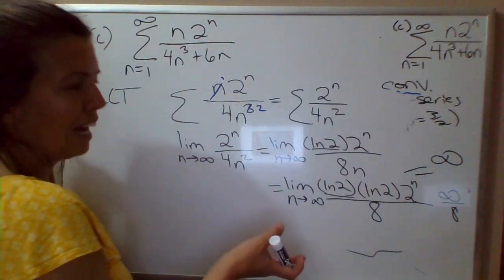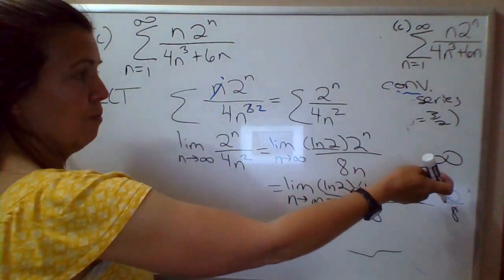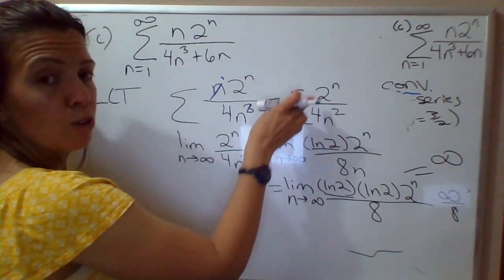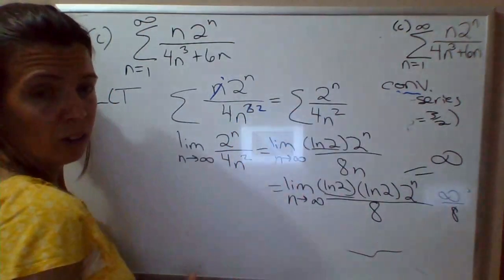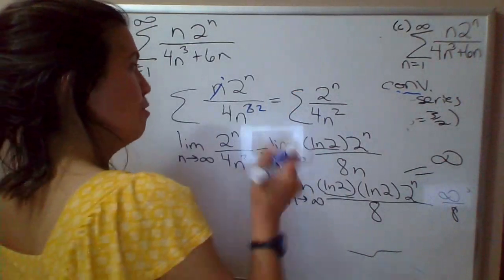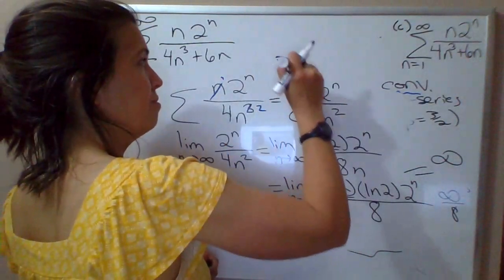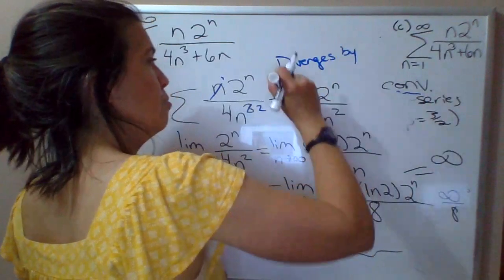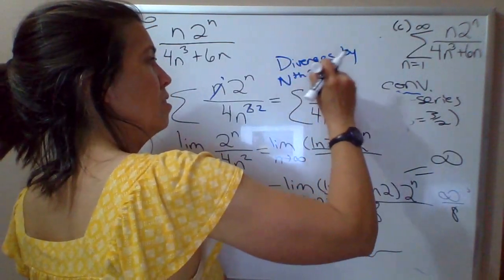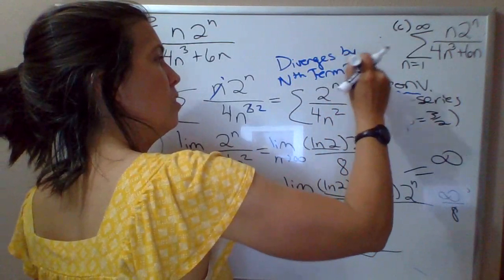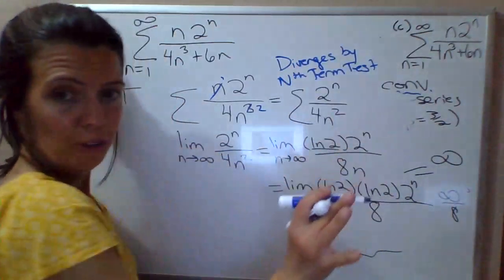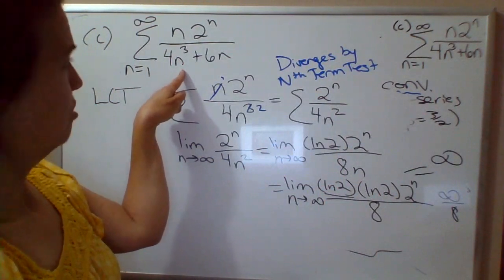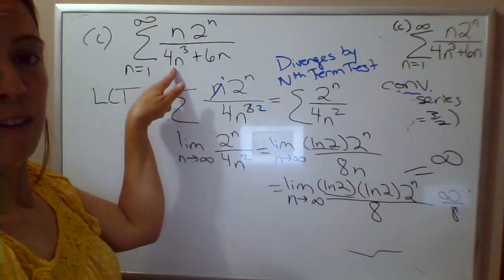What's important about that is it's not approaching 0. That's what I was saying earlier, why I was pointing out that this numerator is growing a lot faster. This ratio is not going to 0, which means this series diverges by nth term test. Now, I'm going to go ahead and admit the given series also diverges by nth term test. So you could start off with nth term test right off the bat.